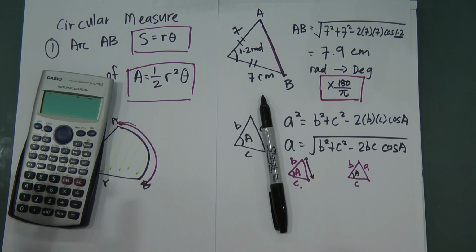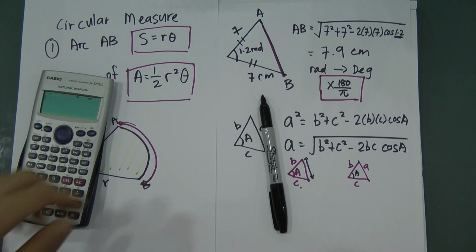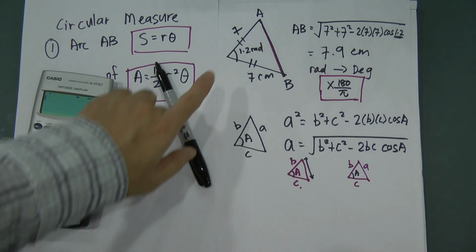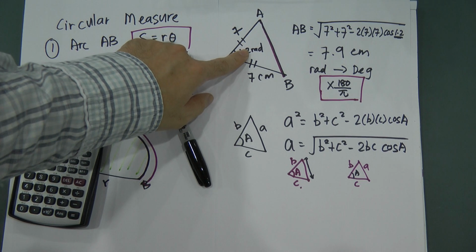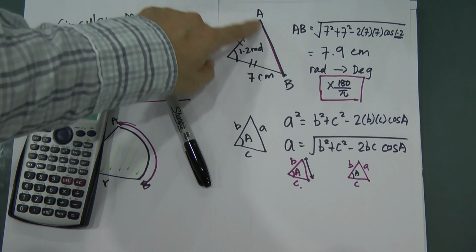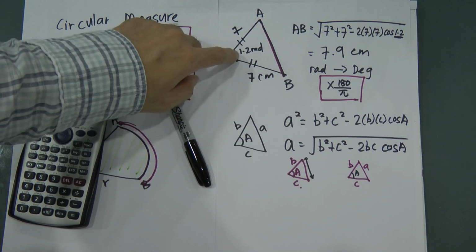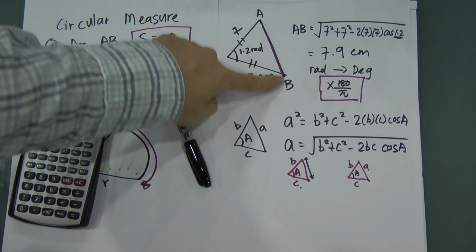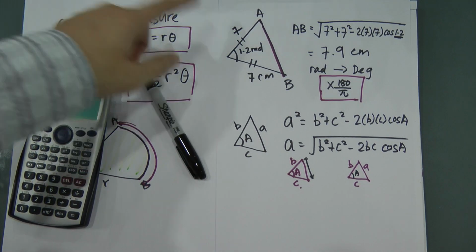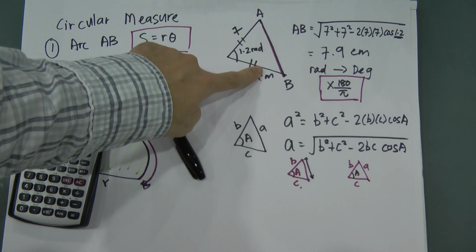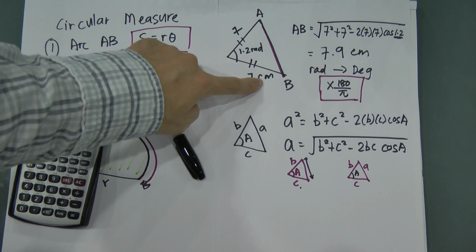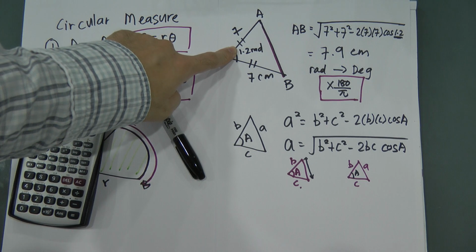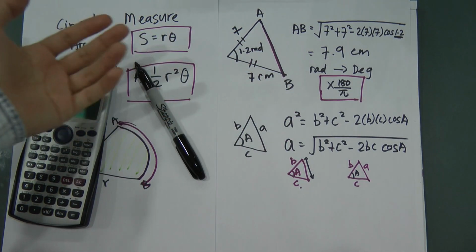Alright, not really hard, right? Just remember this formula. When you have two sides and one angle in between, and you want to find the opposite length, you can use this formula. It's very simple: B square plus C square minus 2BC cos the angle in the middle. You can practice this formula by yourself.